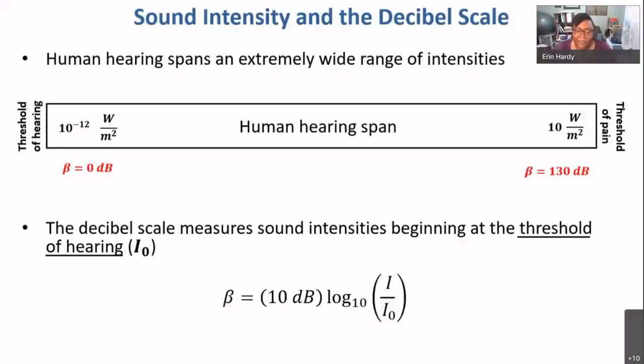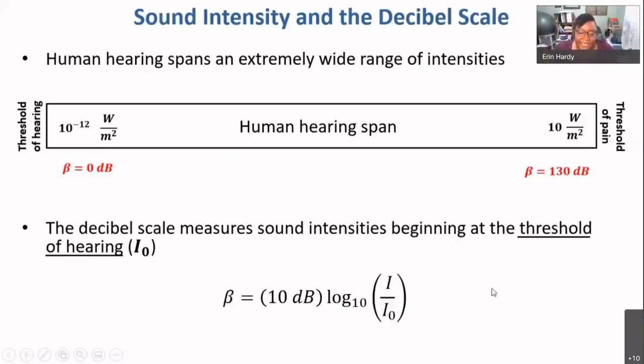On the upper side of that scale, we should have a larger positive decibel rating that represents a sound that's physically painful. No negative values here. And the decibel scale is a logarithmic one.